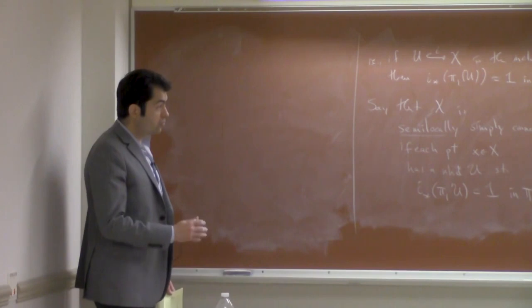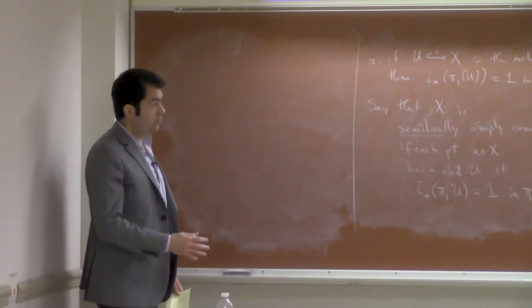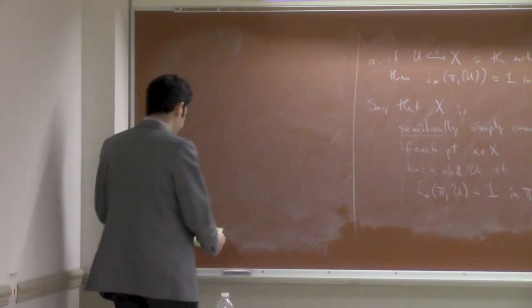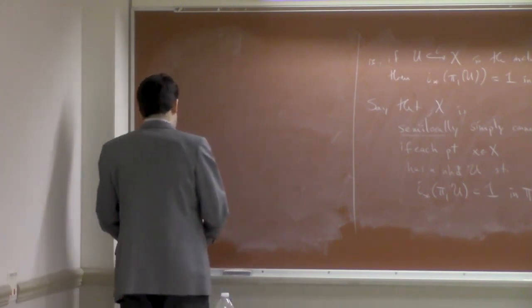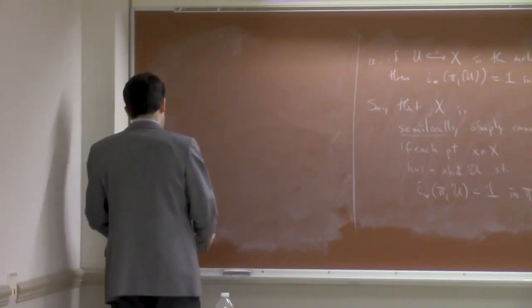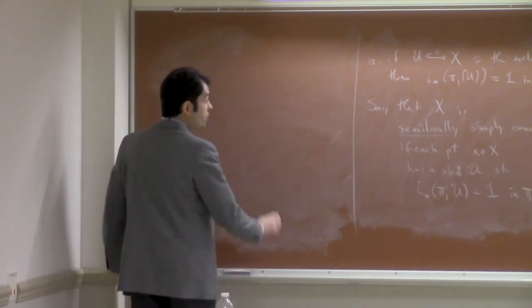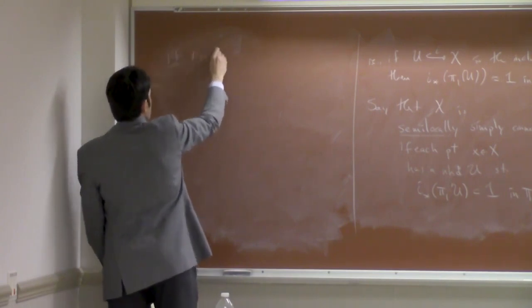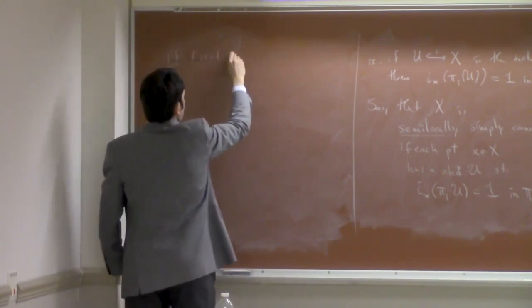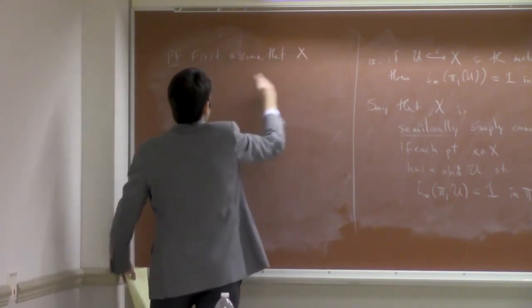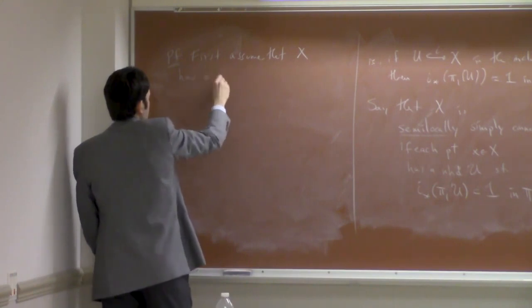Okay, and we're going to construct it by using the fundamental groupoid, right? So notice the following. First, assume that X has a universal cover.